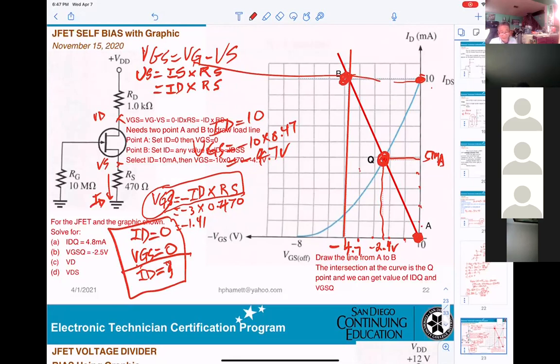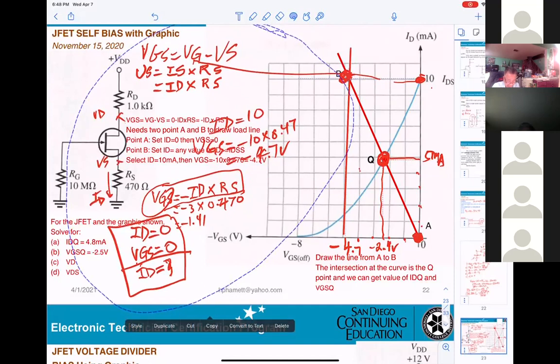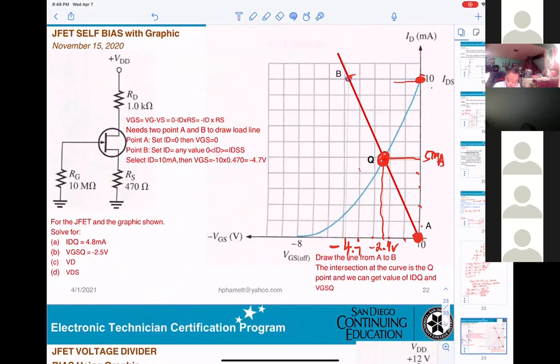So that's the graphical method, but the thing is, we are also not using it. Normally, when they give it to you on the fixed bias, they give you some different values. That means if they give you this one here, they have to give you the graph.